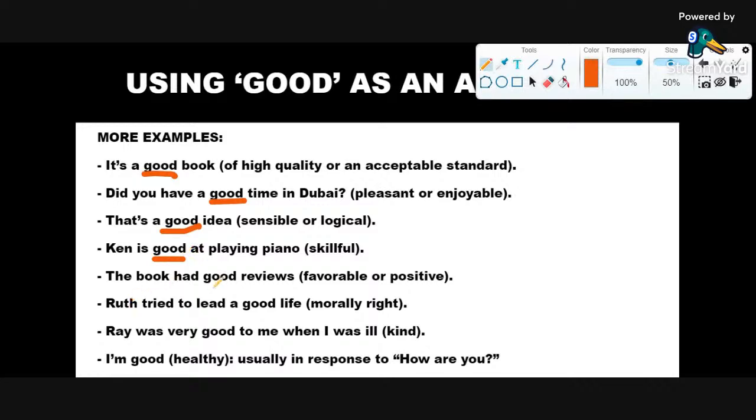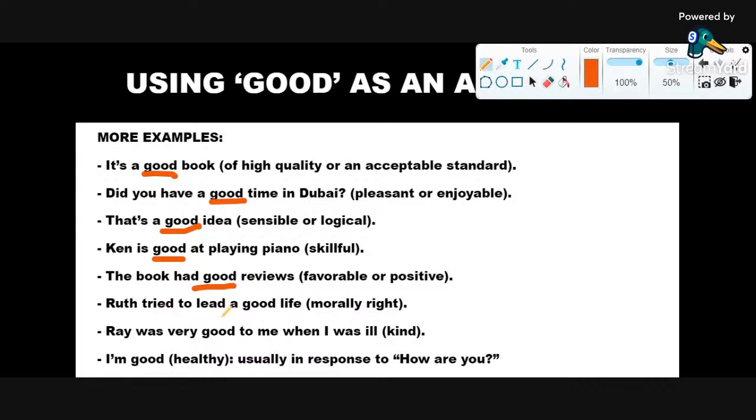Now, the book had good reviews. Good reviews. Good here describes reviews. When a book has good reviews, the book has favorable or positive feedback. All right? So the meaning of good here is favorable or positive.